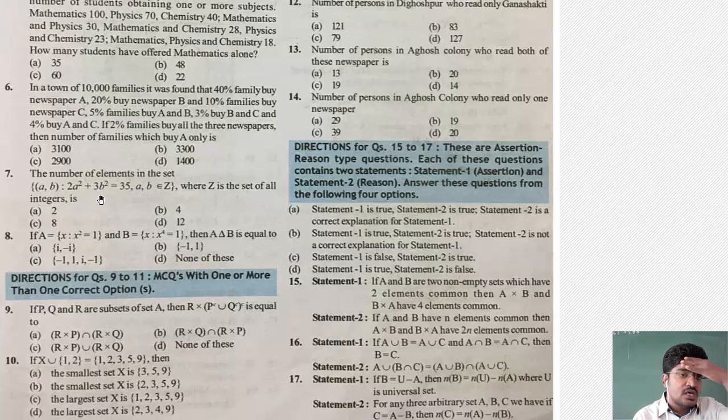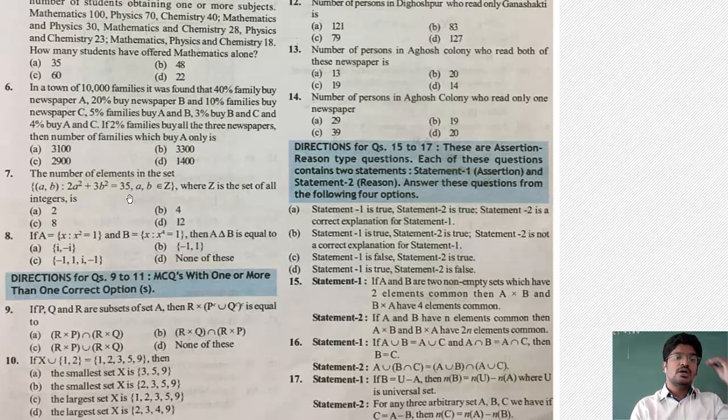That means they are asking the number of elements in the set of ordered pairs A comma B. So, here you have to collect the number of ordered pairs A comma B which satisfy the equation 2A square plus 3B square equal to 35.